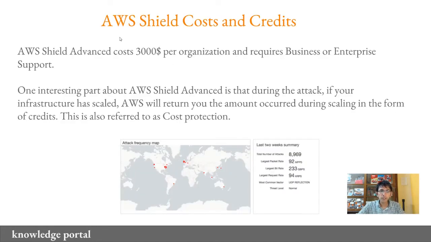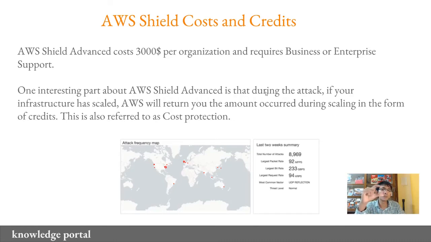Now, the next important part to remember is the AWS Shield related cost and credit factor. AWS Shield Advanced will cost you a base of $3,000 per organization, and it requires you to have Business or Enterprise Support. One interesting part about AWS Shield is that, let's assume you have Shield Advanced enabled and you have received a huge amount of attack, due to which your infrastructure cost will also increase.